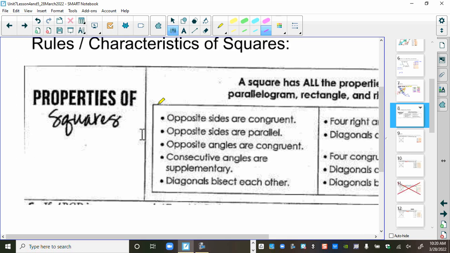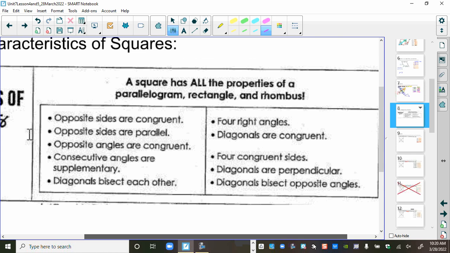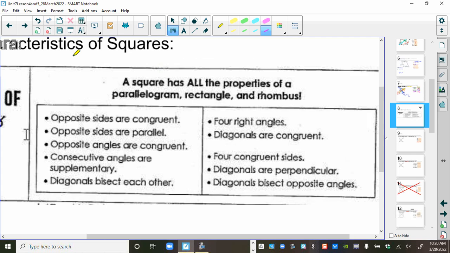Although it's probably right there, but with squares, opposite sides, congruent, parallel. Opposite angles, congruent. Consecutive angles, that means if you go up and down or right to left, supplementary. What do we mean by supplementary? You see the word supplementary?